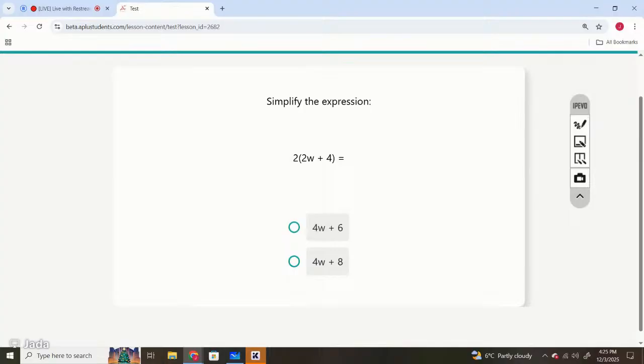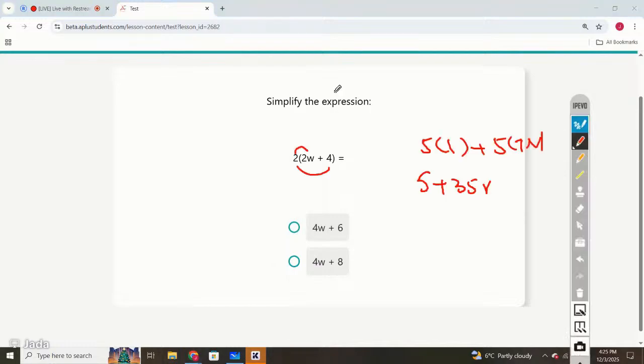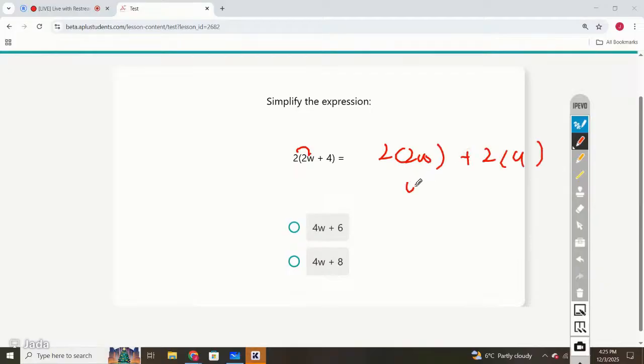Simplify the expression. We need to do 2 times 2w and 2 times 4.